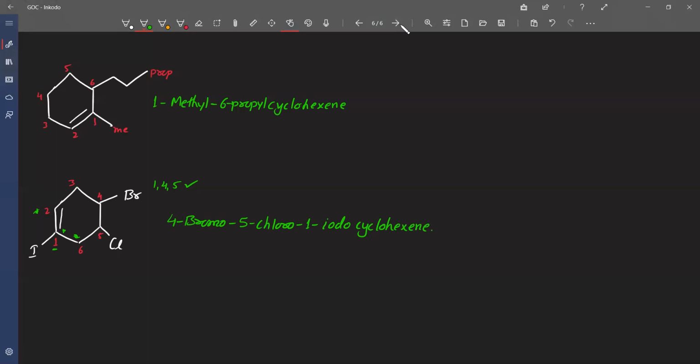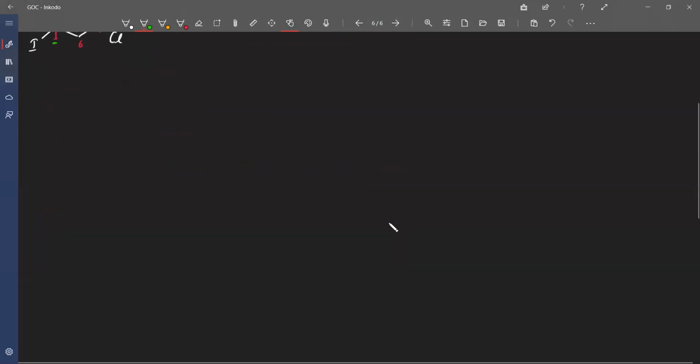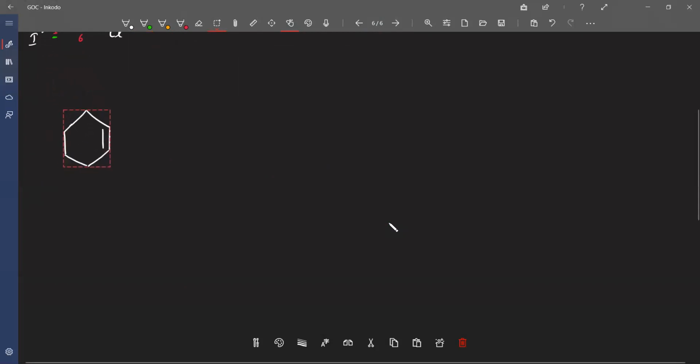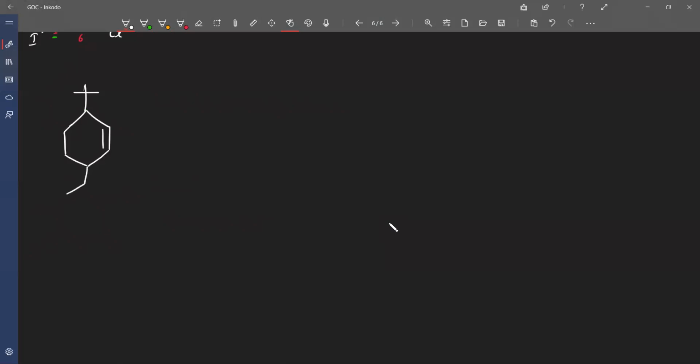Let's see a few more examples with complex substituents. This we have already seen, right? Now let's say there is one more substituent.